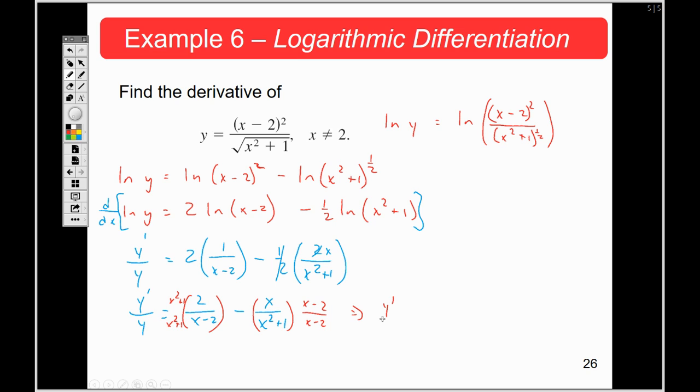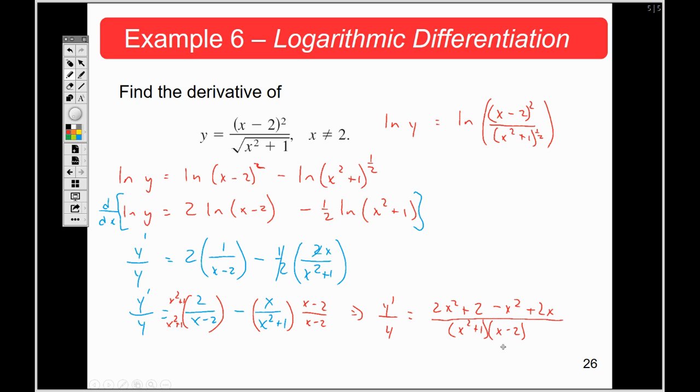And I have y prime over y equals 2x squared plus 2 minus x squared minus, this is like a minus 2, so it's going to be plus 2x all over the product of x squared plus 1 and x minus 2.